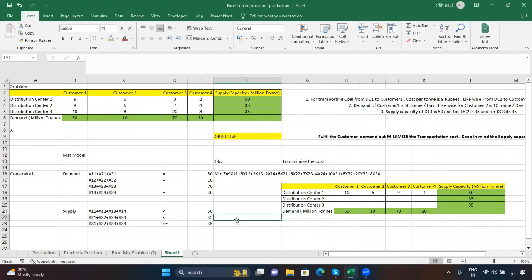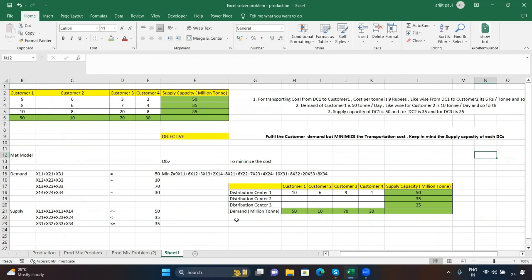So I hope that you are able to understand how to create a mathematical model from the English language. Okay. Now we are going to directly solve this problem using Excel solver.